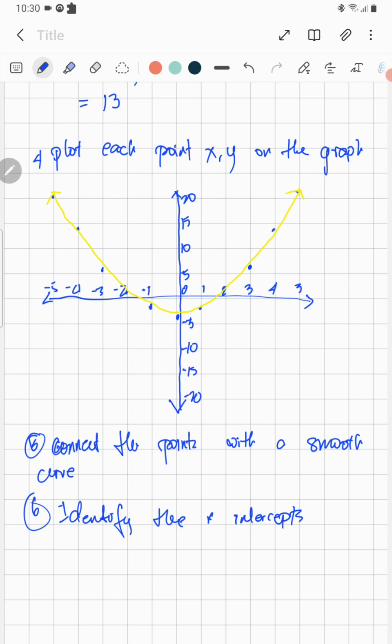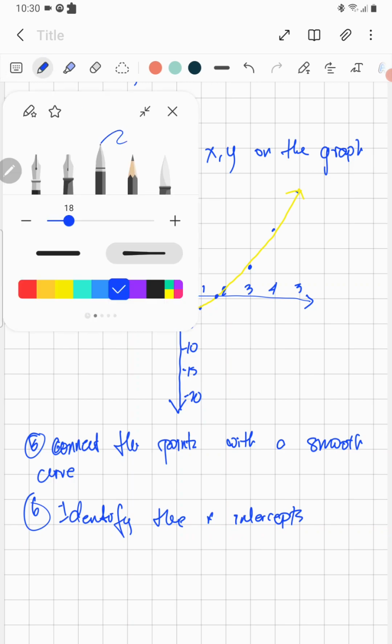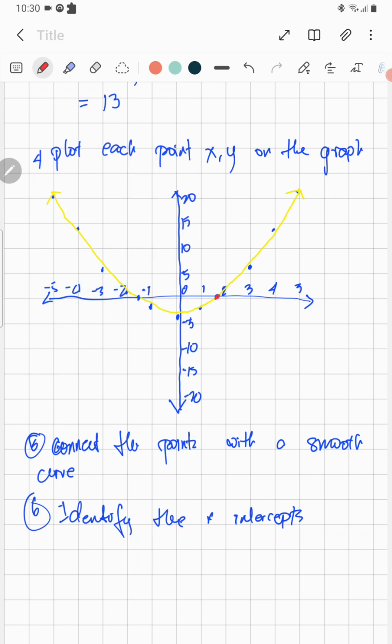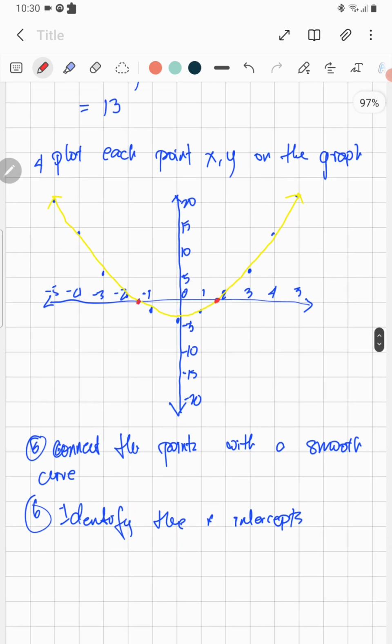So, in this case, the x-intercepts would be this one and this one. Okay. Lagyan natin ng red. Let's put red here. So, this is basically the root of the equation already. Okay? So, this is the root. Or in this case, roots of the equation.